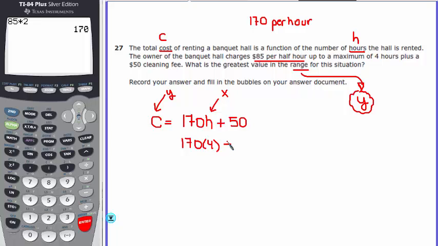So by doing that, we can find the cost. So let's go ahead and do that. 170 times 4 is 680.